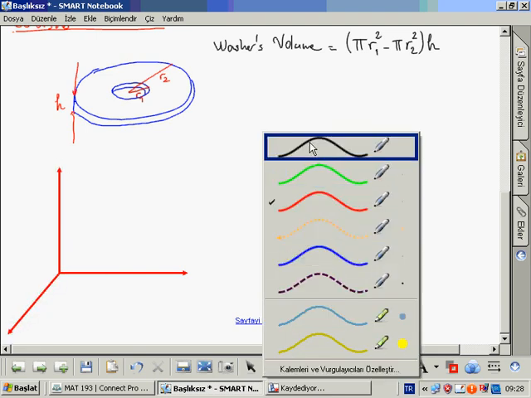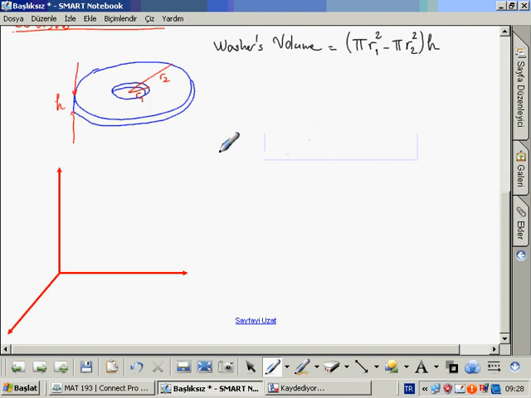Let f of x be like that, y equals f of x, and g of x is smaller than f of x on the whole interval which is defined. So let me sketch it with the blue pen. This is the f of x.